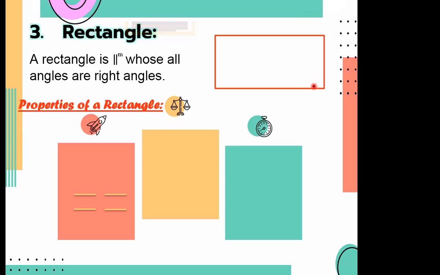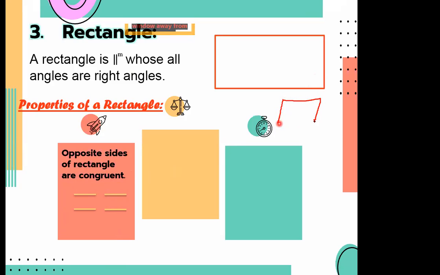Now, properties of a rectangle. Opposite sides of a rectangle are congruent, just like the parallelogram. Now if I draw the picture of a parallelogram here, look here. This line, this, this, and this.